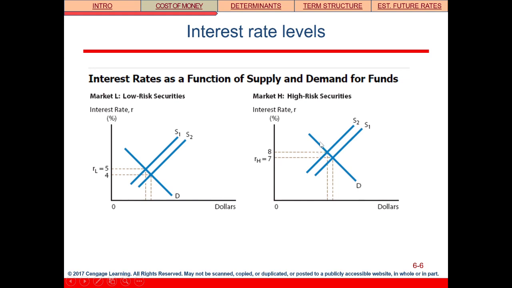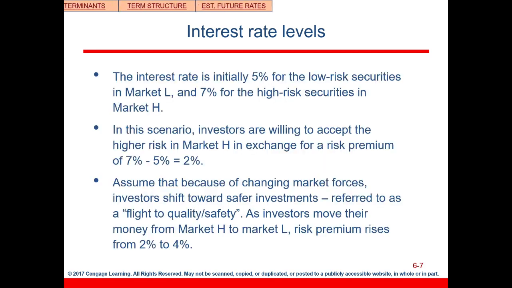So you see here is a clear example of why interest rate is a function of supply and demand for funds, because both supply and demand can affect the level of interest rates.